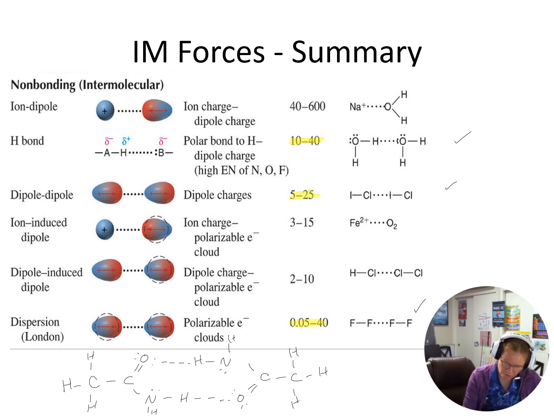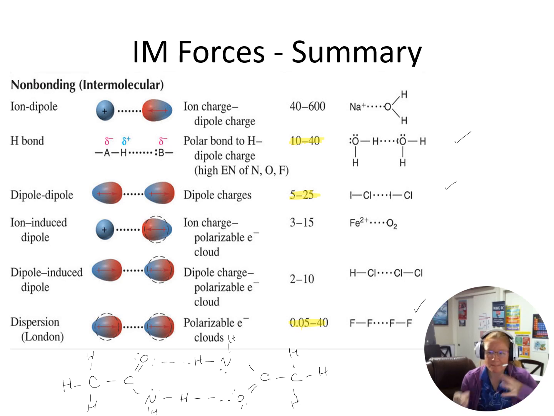So overall, hydrogen bonds are the strongest of these forces. But if you look down there at our dispersion forces, they can actually be fairly strong. Again, if you have a really, really long molecule where there's lots of points for things to connect and interact with each other, you're going to wind up having a fairly strong set of intermolecular forces.